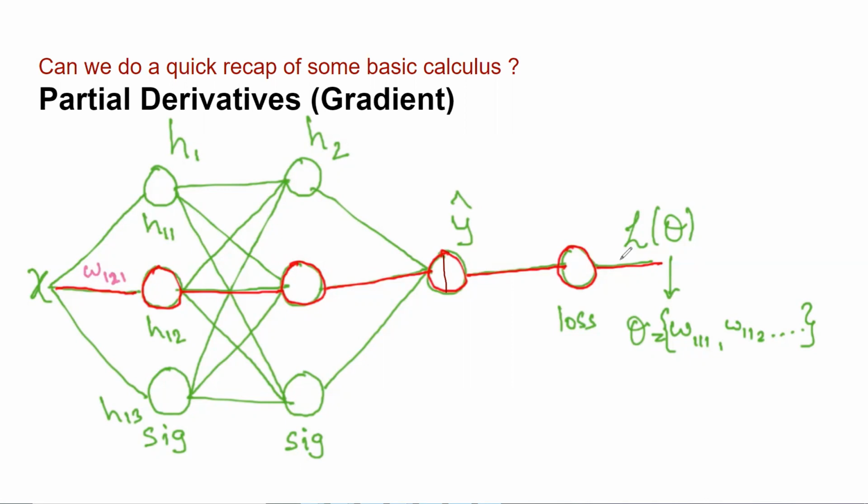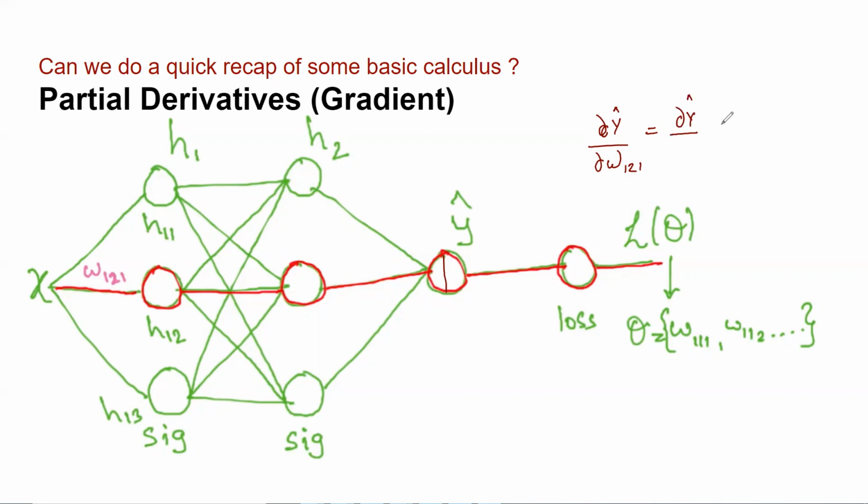What I said yesterday was, if this is a deep neural network and I want to update this weight, I have to somehow calculate the derivative of y cap with respect to W1 2 1, right? Now by chain rule, let me write the expression first, then I'll talk about it.